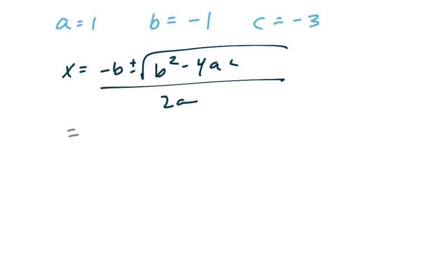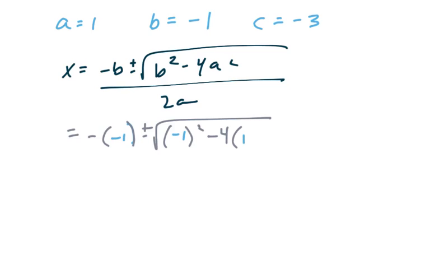If we plug it in, that means we have a negative 1 that we will add and subtract the square root of negative 1 squared minus 4 times a, which is 1, times c, which is negative 3, and that's going to be over 2 times a, which is 1 again.